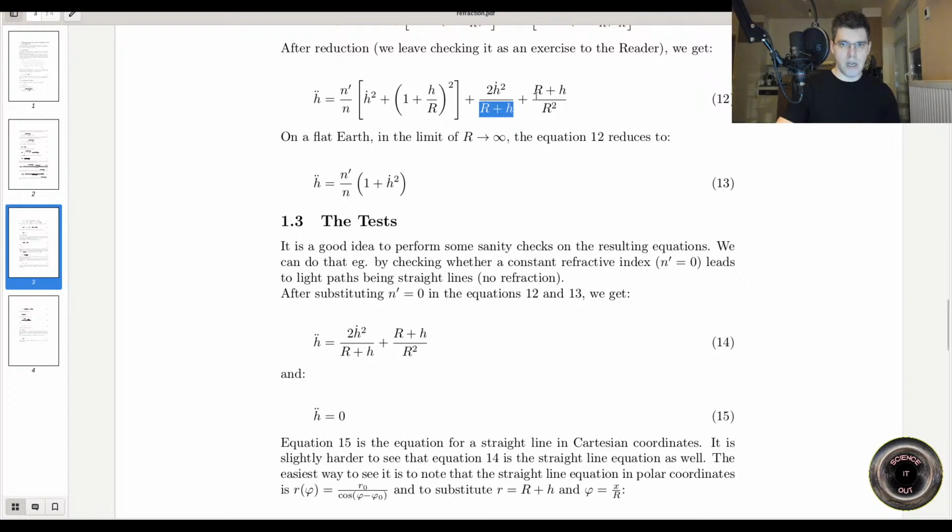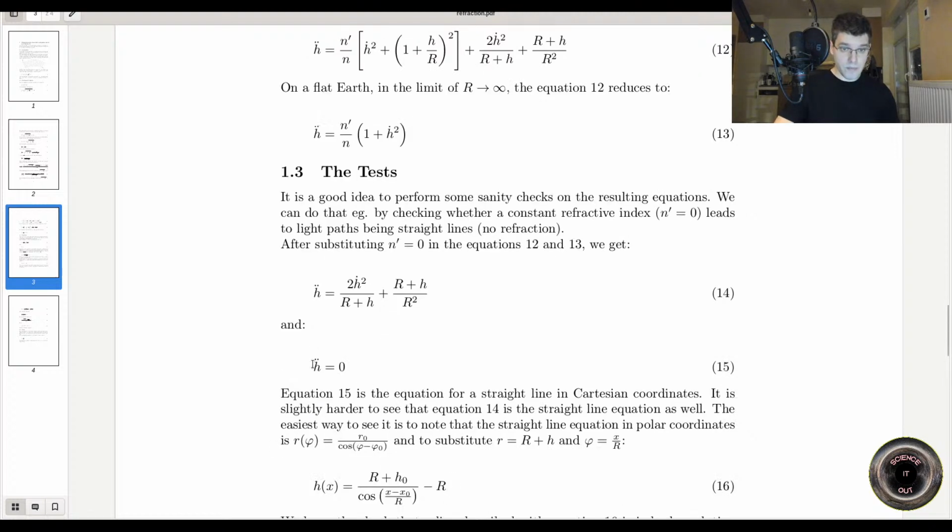So for the spherical case, we get such an equation. And for the flat case, basically everything is zeroed out, and we only get that the second derivative of h is 0. So for the flat case, again, math is much simpler. Second derivative equals 0 is basically the linear function, which means this is a straight line.